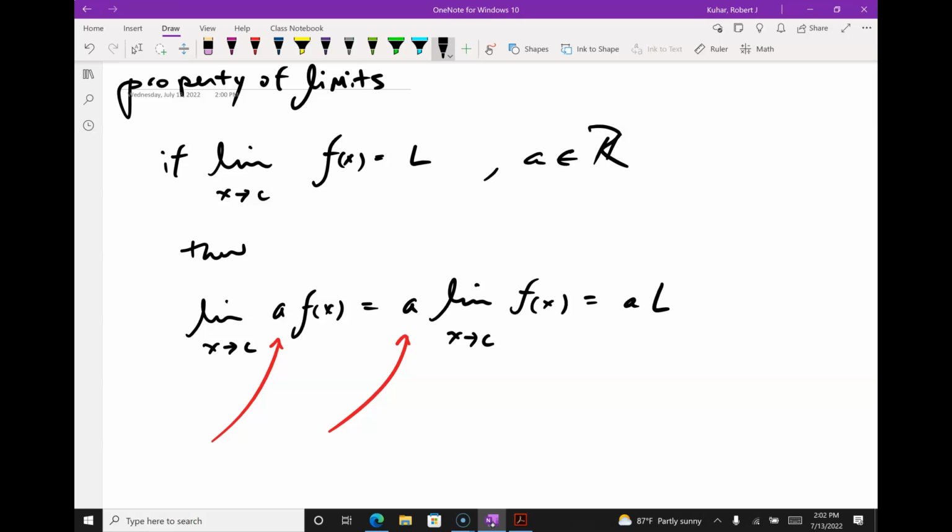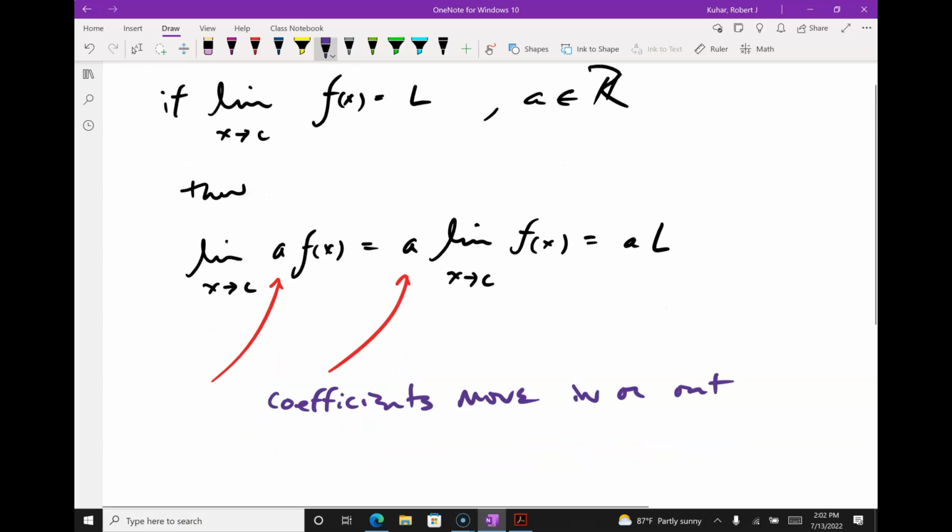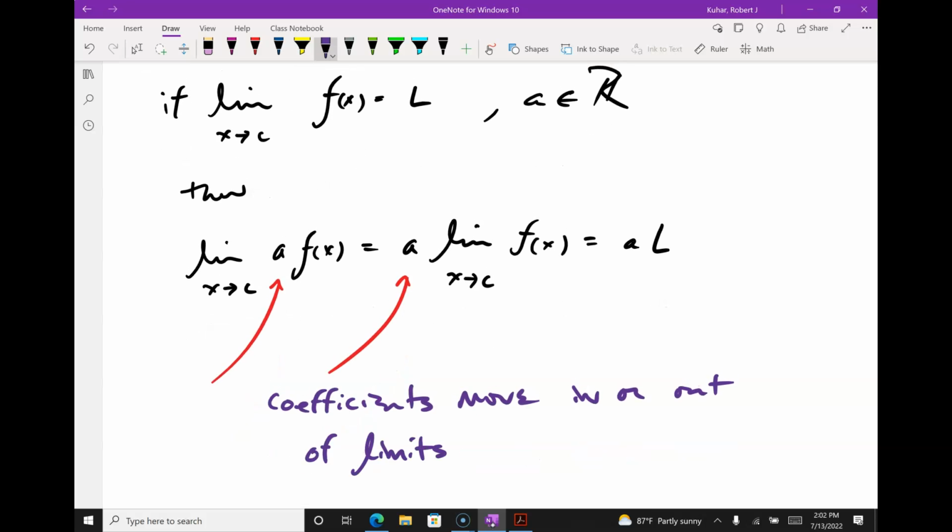So what I'm saying here is I can move a constant in or out of a limit anytime I want. Coefficients move in or out of limits. I can move that number in or out of a limit.